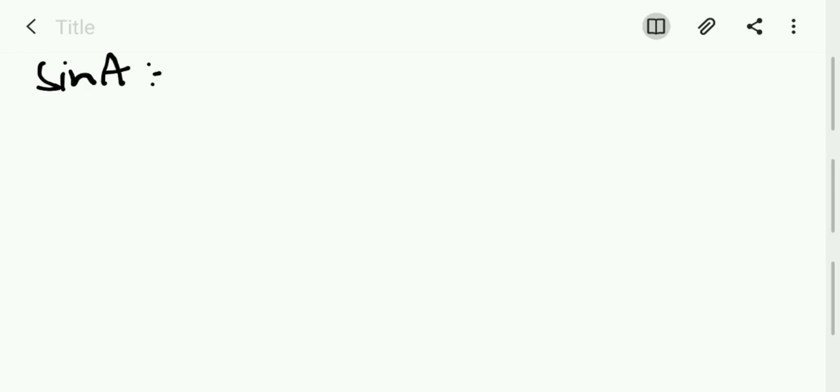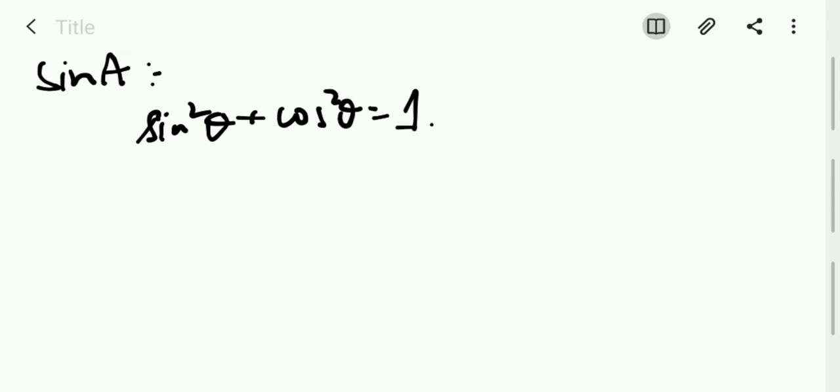Okay, now we all know the identity, that is sin square theta plus cos square theta is equal to 1, right? So instead of A, I've just taken it as theta. You can just write it as A as well, that doesn't matter. Now I'll be dividing both sides by sin square theta.